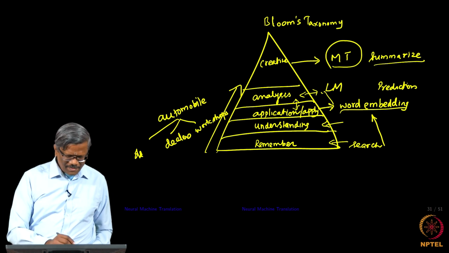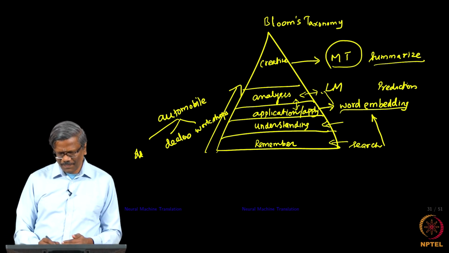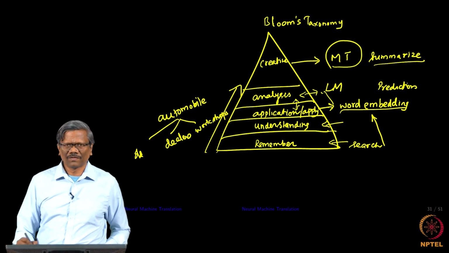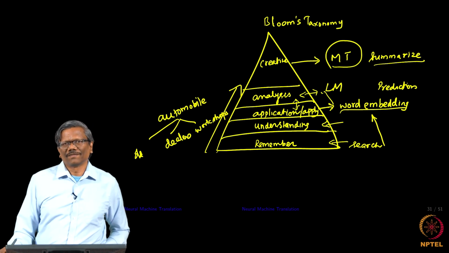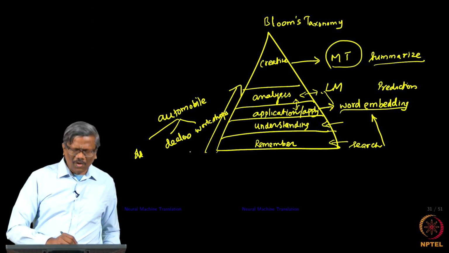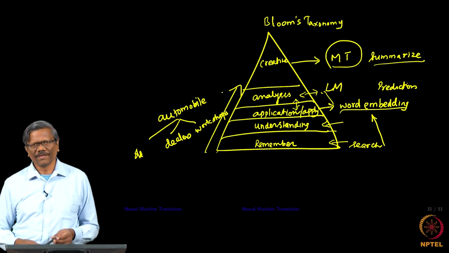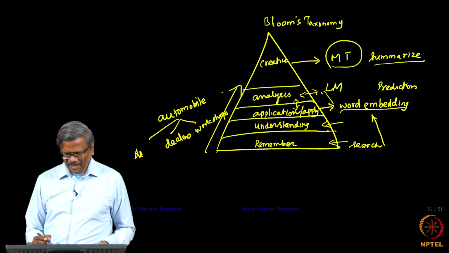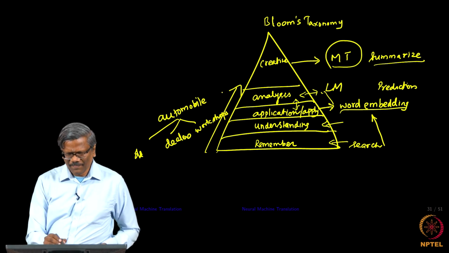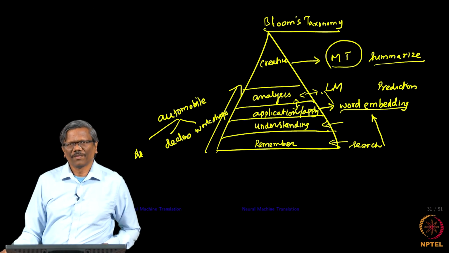So, we are slowly taking the machine from the basic remembering aspect to the creative aspect through the machine learning algorithm. Okay. So, this is a very small comparison that I thought we should make in the machine learning idea.